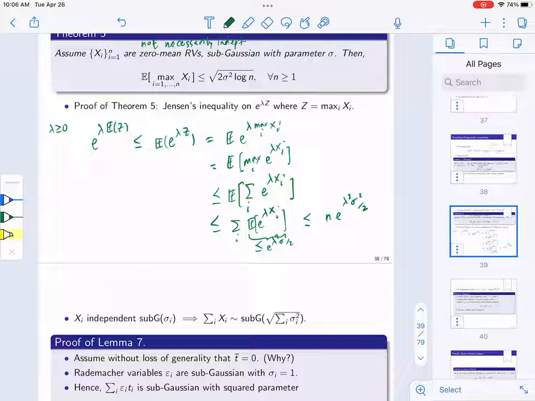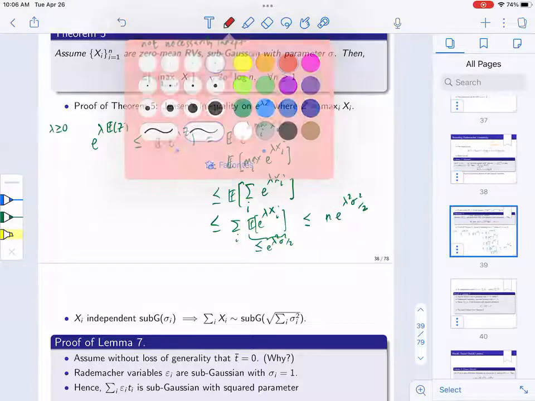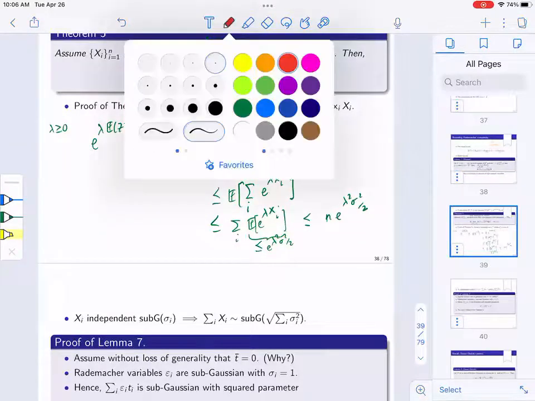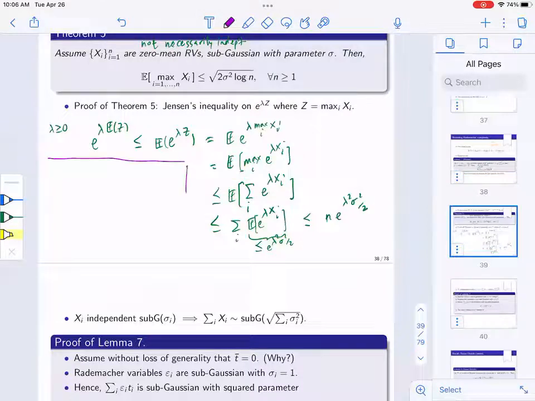So what is the next step? Yes, good idea.